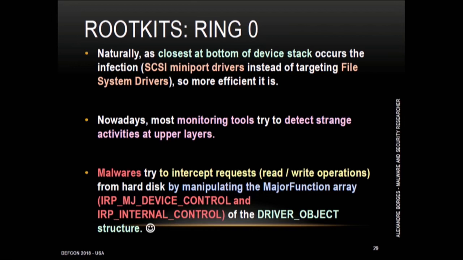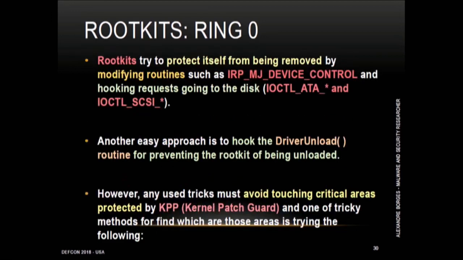Some malware try to intercept requests such as read and write operations by manipulating the major function array. For example, IRP_MJ_DEVICE_CONTROL and IRP_MJ_INTERNAL_DEVICE_CONTROL callback dispatch routines. Rootkits try to protect themselves from being removed by modifying functions such as IRP_MJ_DEVICE_CONTROL, and hooking requests going to the disk.